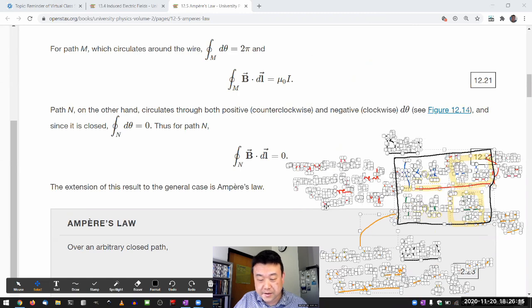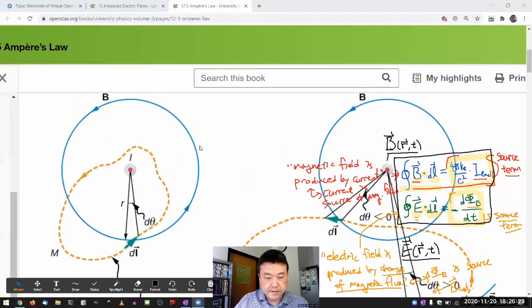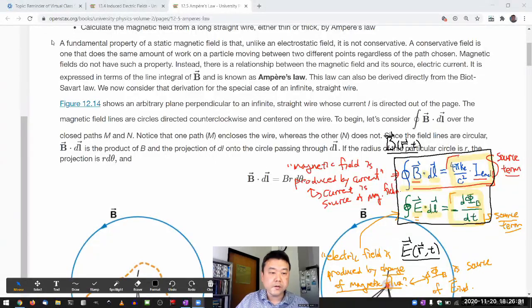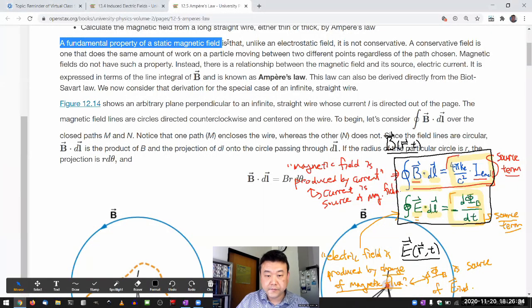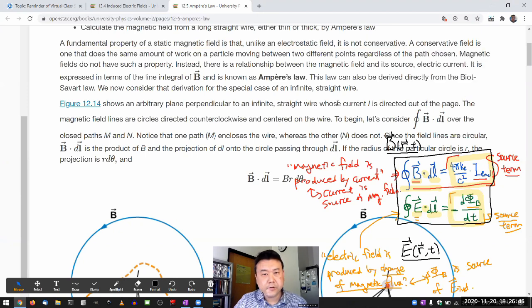This is one of the things your textbook says at the top of this section, about a property of a magnetic field. It says that a fundamental property of static magnetic field is that unlike an electrostatic field, it is not conservative. And they are absolutely right. Magnetic field is not a conservative field.